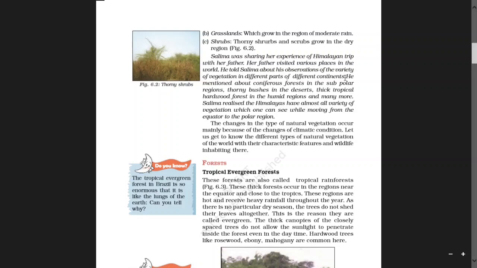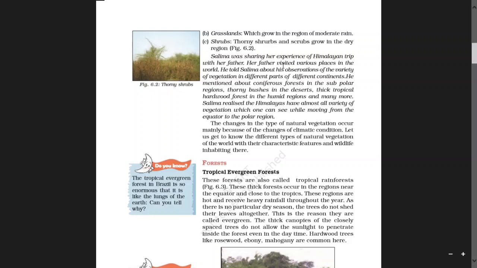So Salima's father, who visited different places in the world, told Salima about his observations. How did he find the variety of vegetation in different parts of the different continents?